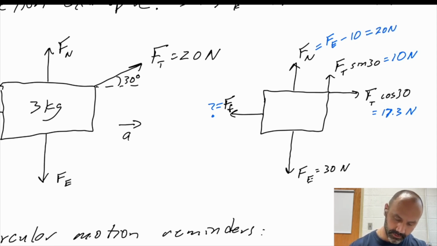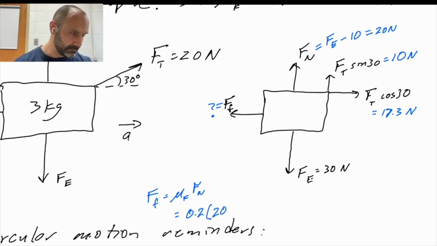So the friction force is mu K times Fn, which is going to be 0.2 times 20. So that's going to be 4 newtons.